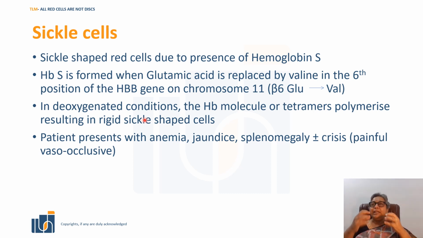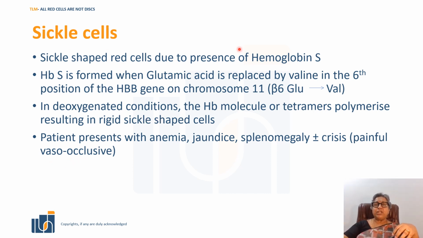They cannot be deformed, and therefore when they are passing through the blood vessels, they can join together, aggregate together, and cause occlusion, and this is what results in a vaso-occlusive crisis.